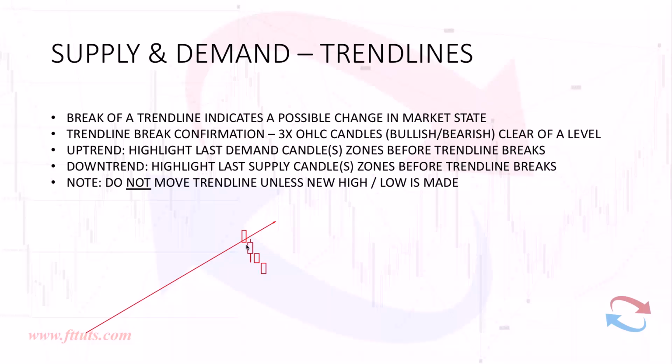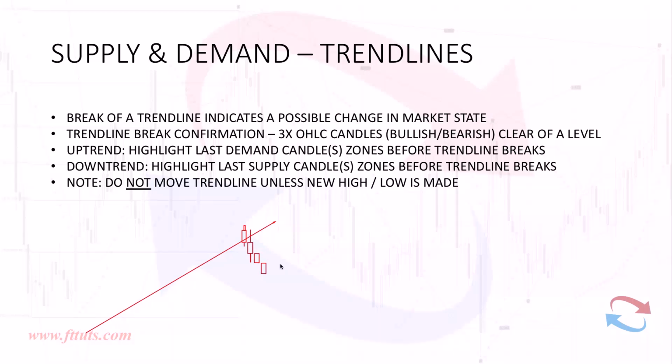Now we know that this trend line is not considered a trend anymore, and we could potentially be entering a ranging market. But if we have a candle like this, where it's touching, it's not open, high, low, close clear of the level, or we even have a wick where this wick here is touching the level, that trend line that we've potentially drawn, then this would not count in the 3 candle sequence.